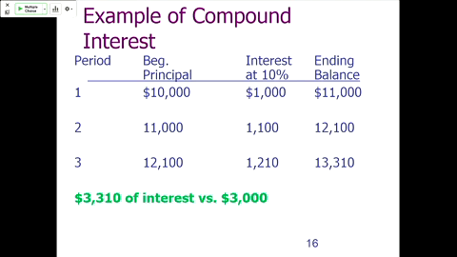Compound interest is how it works today. This is just compounding at the end of every year. Compounding pretty much works every day. The reality is it works every day.